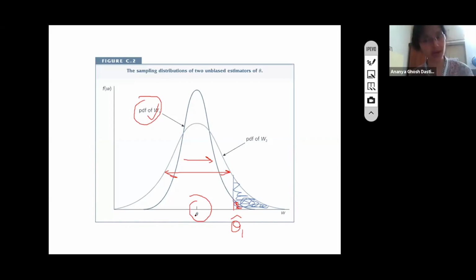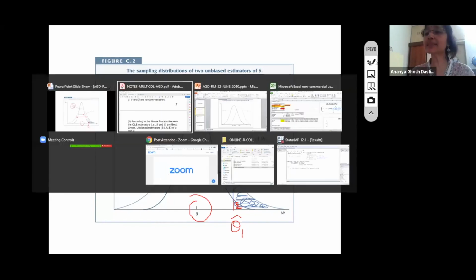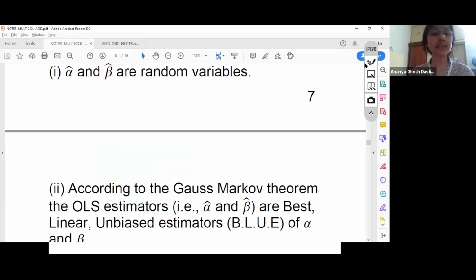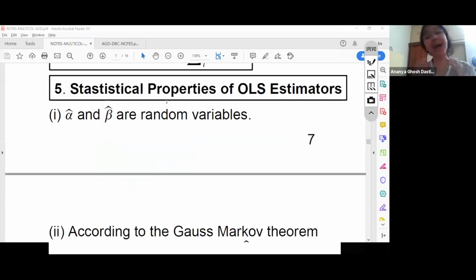Okay, right. So let us get back to what we are essentially discussing. We are essentially discussing the statistical properties of the OLS estimators, which we have to do. Without that, we cannot talk about standard errors. So we first said that alpha hat and beta hat are random variables.